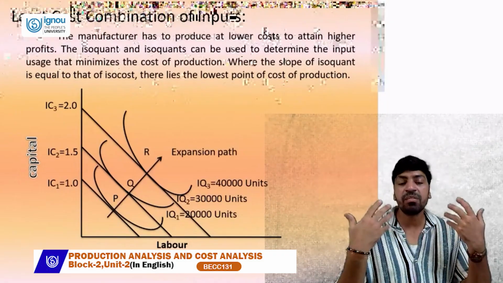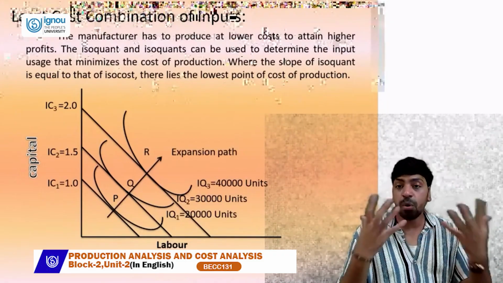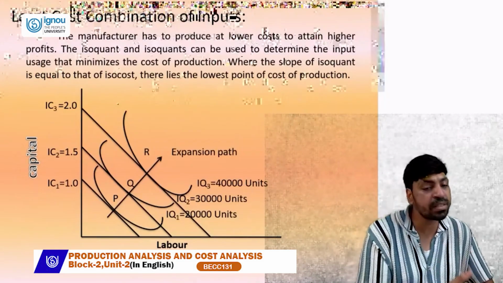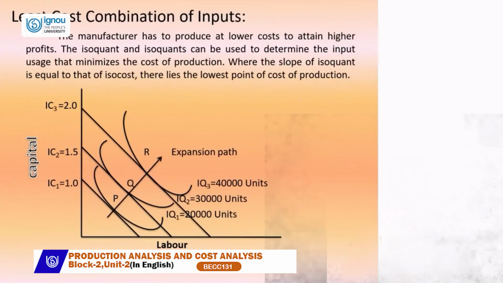Where the isoquant and the isocost curves intersect each other, that's called the expansion path. And whichever curve is the least gives the least cost expansion path.